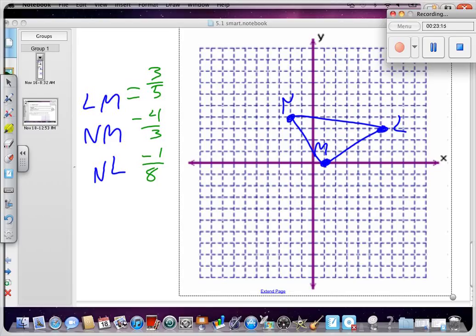Okay, so I'm going to look at LM first. What point is across from LM? N. So I'm going to go up 3 over 5, and then I'm going to go down 3 over 5.